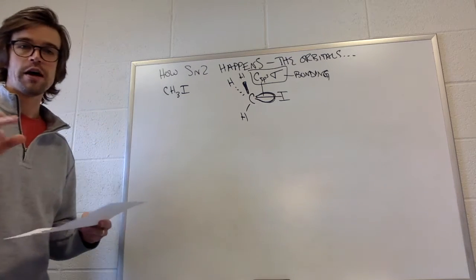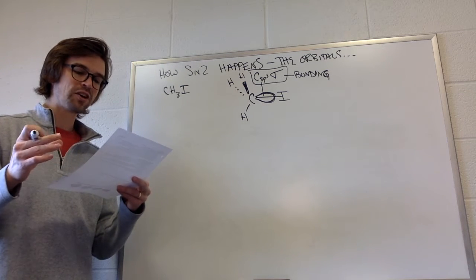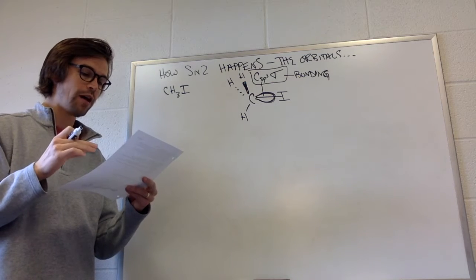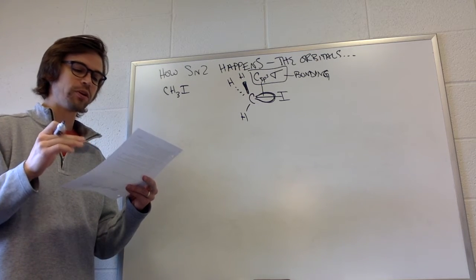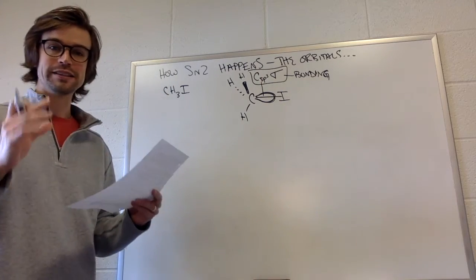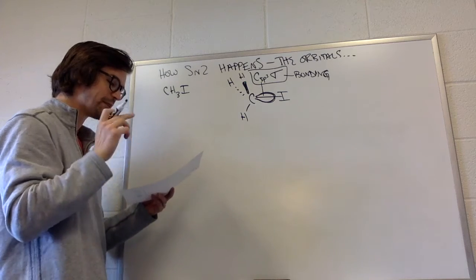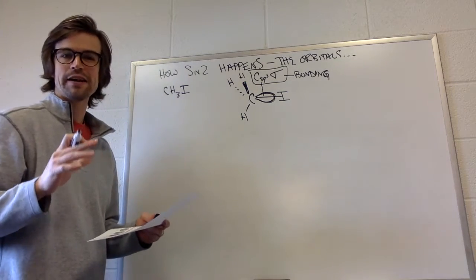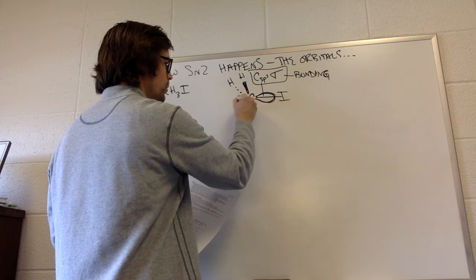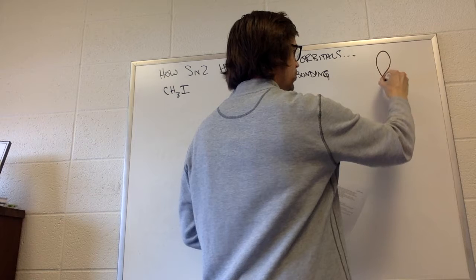Next bullet point says antibonding orbitals are where electron density can be added to weaken a bond. So in the halogen-carbon bond, this orbital is called the sigma star, and it's located on the back face of this bond, and it's a pretty small little area. So we're just going to make it look like that. Remember, sp3 orbitals in general look like this.